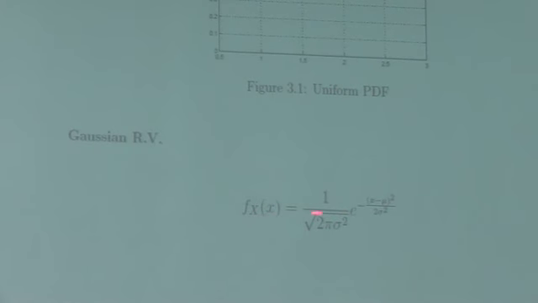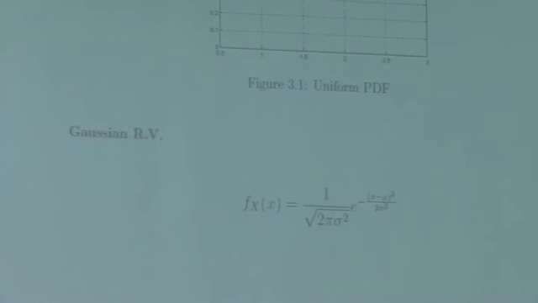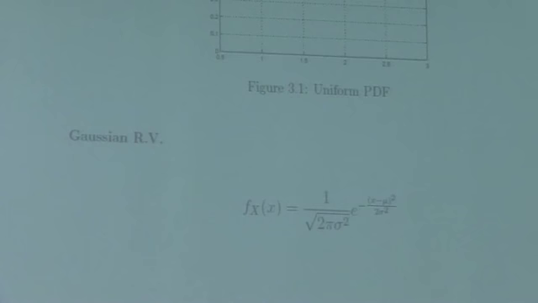This function is characterized by two parameters. One of the parameters is sigma squared, which is the variance of the random variable x. The other parameter is mu, which is the expectation of the random variable.